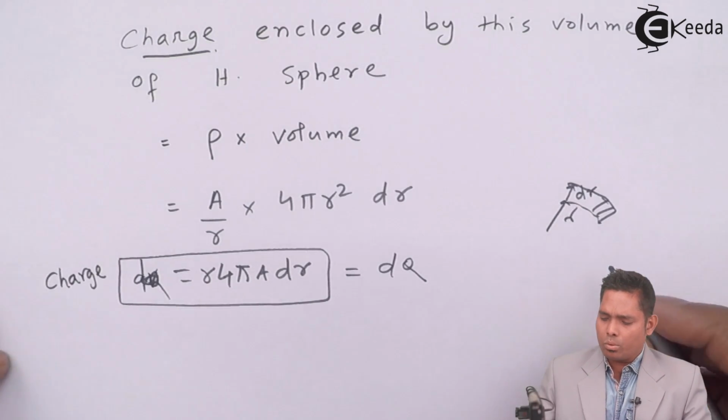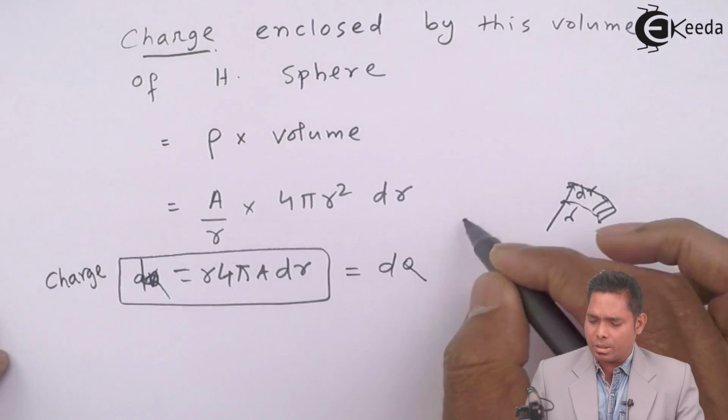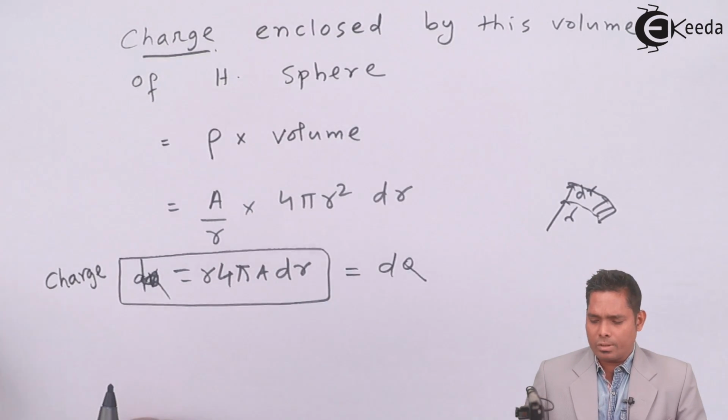But I have to consider how much charge is placed within that Gaussian surface. Then I have to integrate that.